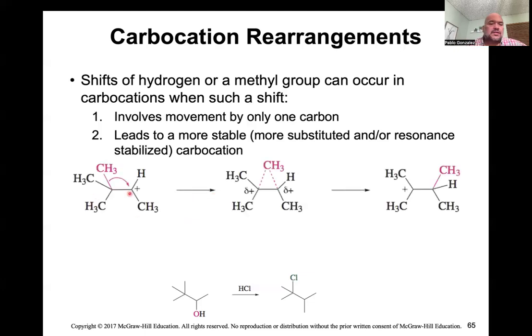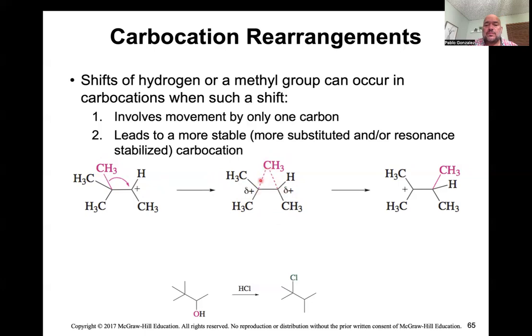So for example, this is carbon one and this is carbon two. You move this methyl group to this carbon, okay? We're not talking here about the nomenclature numbering, okay? It's just carbon one and two. So they're basically together. So that's why you can move this methyl group to this carbocation. To make this movement, you go through a transition state. That transition state, as we mentioned before, represents the broken bond and the new bond.